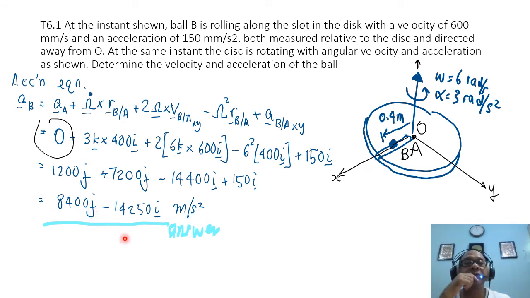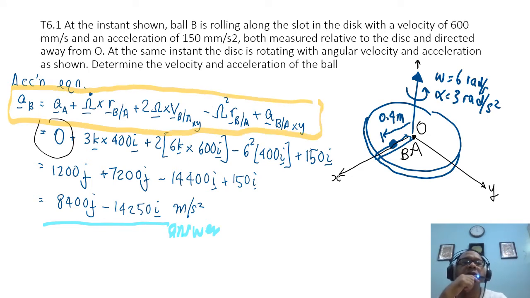So this is somewhat a direct application for the system. Students always ask me, how do I know, from this long acceleration equation here, which term belongs to which? This is the way you have to understand how the system works. Let me explain a little for those who cannot remember.